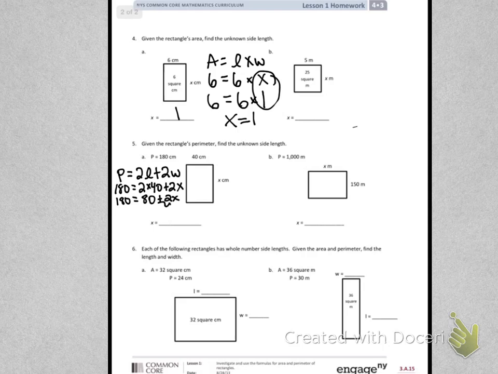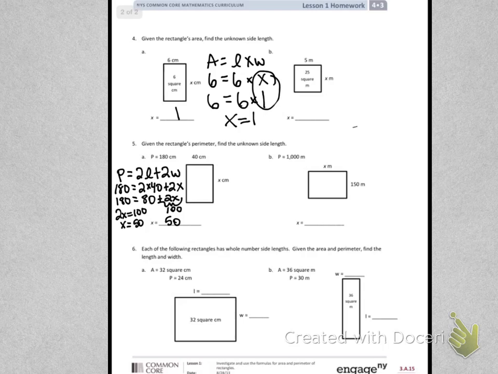Well, plus 100. I know 180 equals 80 plus 100, but we have 2X that has to equal 100. So what number times 2 equals 100? 50 times 2 equals 100. So X must be 50.